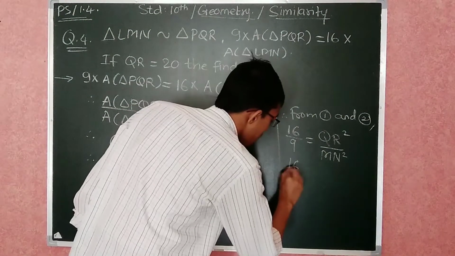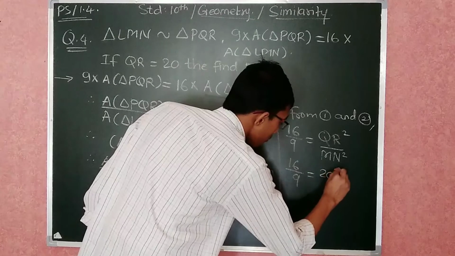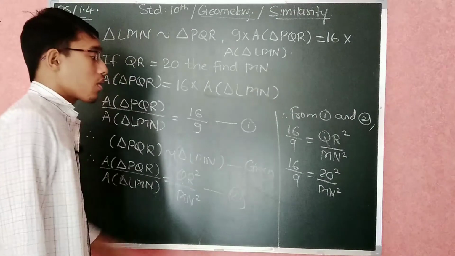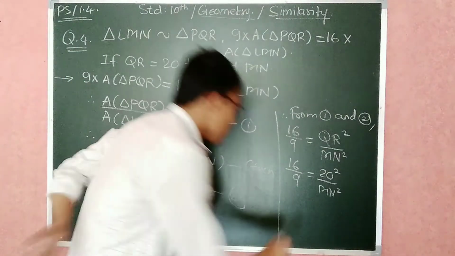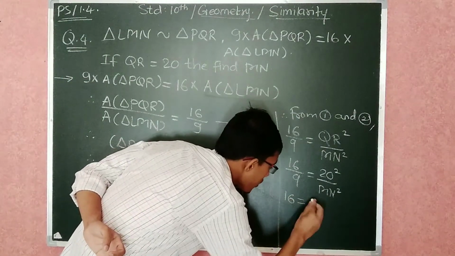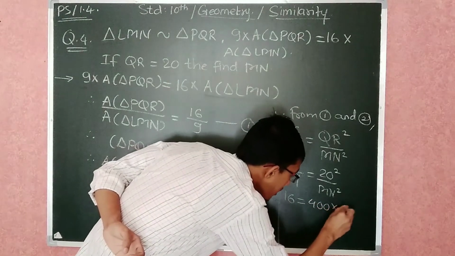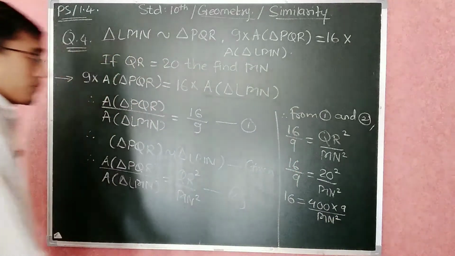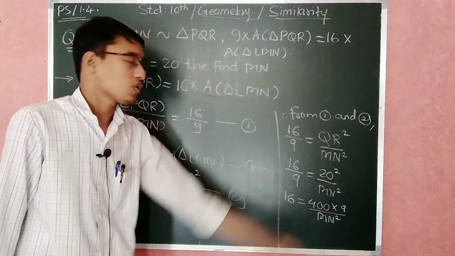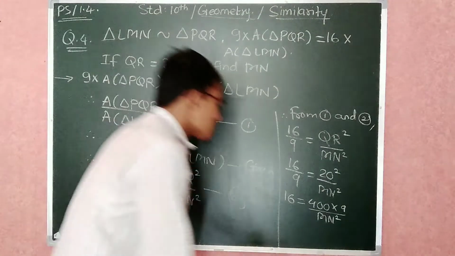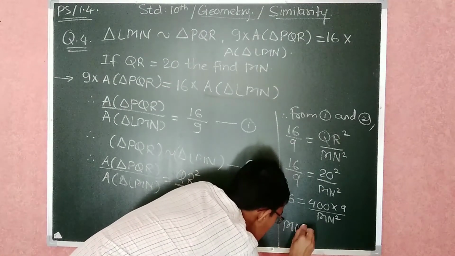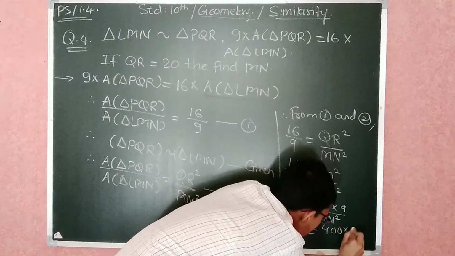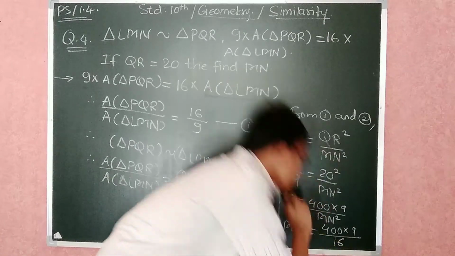So 16 upon 9 is equal to 20 square upon MN square. Now 20 square is 400. So 16 is equal to 400 into 9 upon MN square. I have just shifted the place of 9. So I am getting MN square is equal to 400 into 9 upon 16.